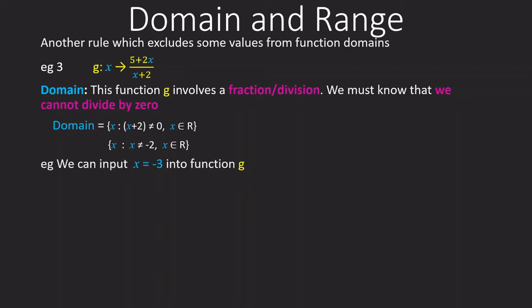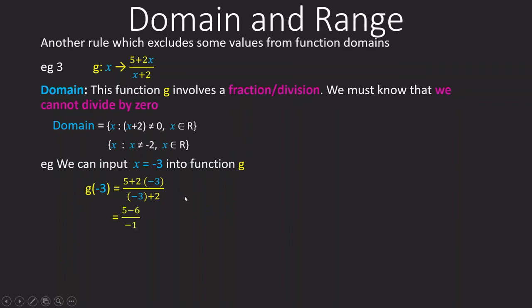For example, I could substitute x equals negative 3 into function g. That's not a problem. That would give me a negative denominator, but it won't be a 0 denominator. So I could say that if x is equal to negative 3, g of negative 3 would simply be 5 plus 2 times negative 3 over negative 3 plus 2.